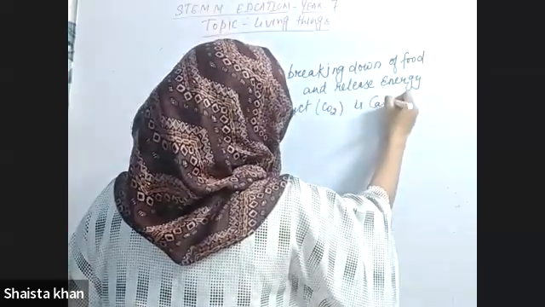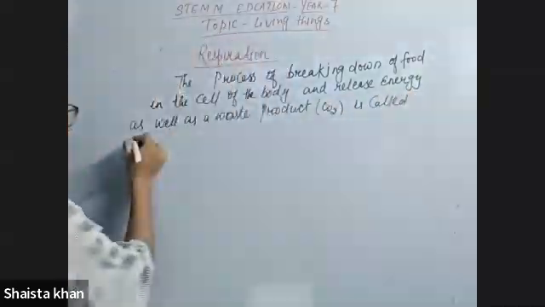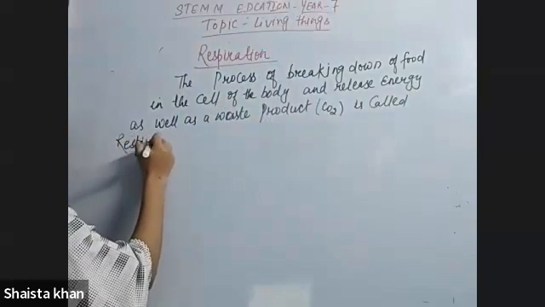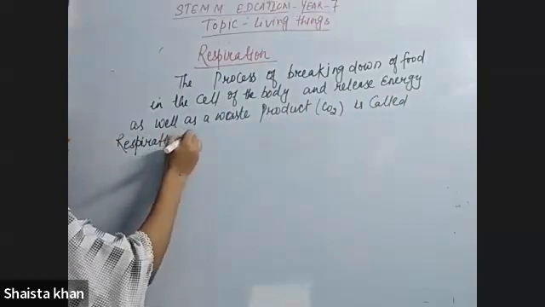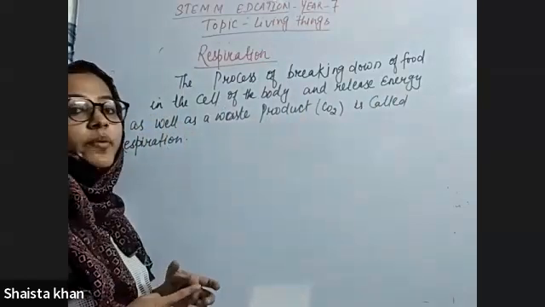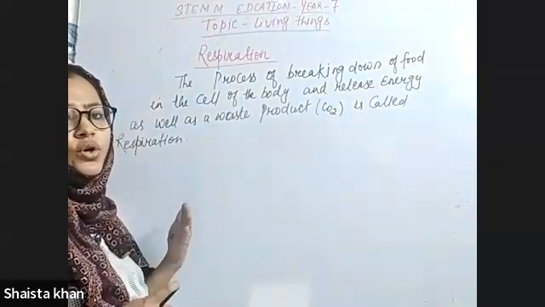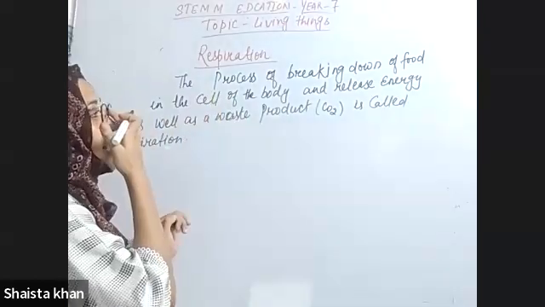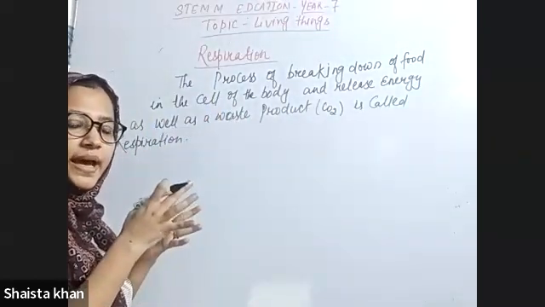It's called respiration. Respiration is the process of breaking down of food in the form of glucose and a waste product, which is carbon dioxide. Right? So how does respiration happen?